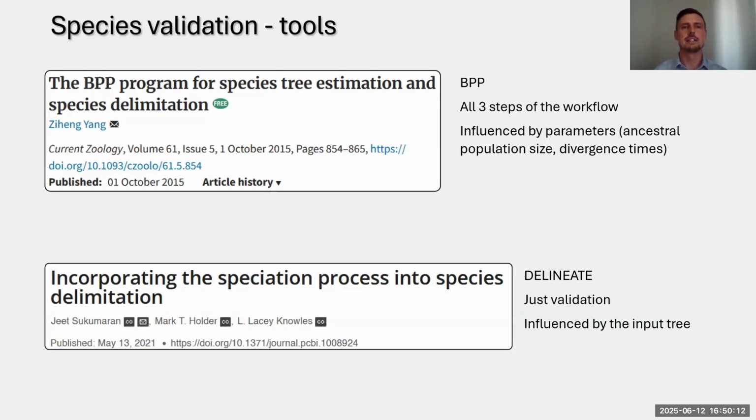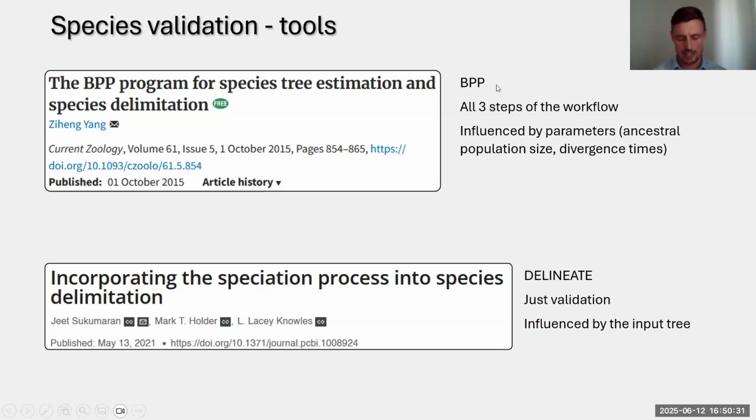And then the last part, the species validation, is again slightly more complicated, I would say. There are two programs or tools which are widely used, mainly BPP.